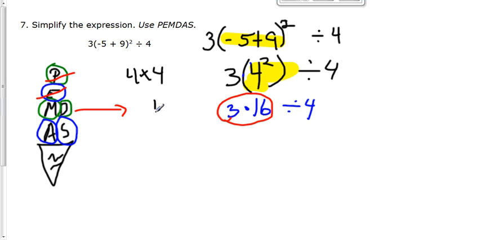Please make sure you pause the video and you're doing your own computation on the side. 3 times 6 is 18. Carry a 1. 3 times 1 is 3, plus 1 is 4. So now we have 48. Still not done. That's still not our answer because we still have to do 48 divided by 4.